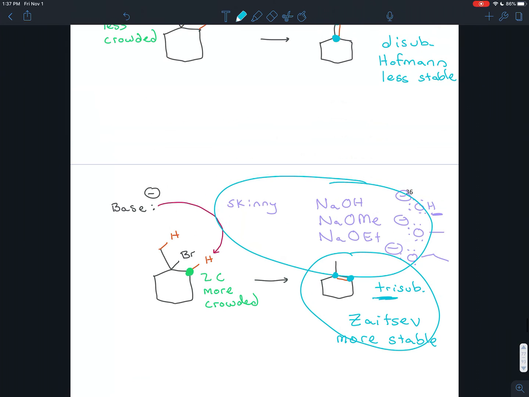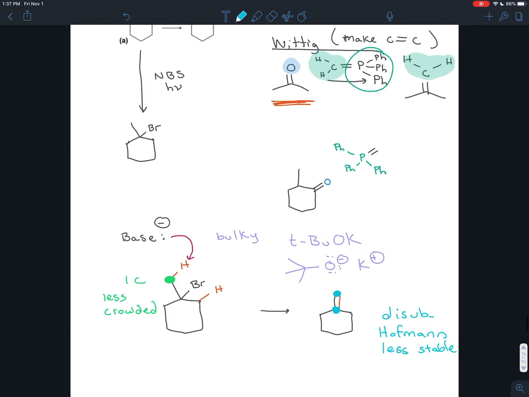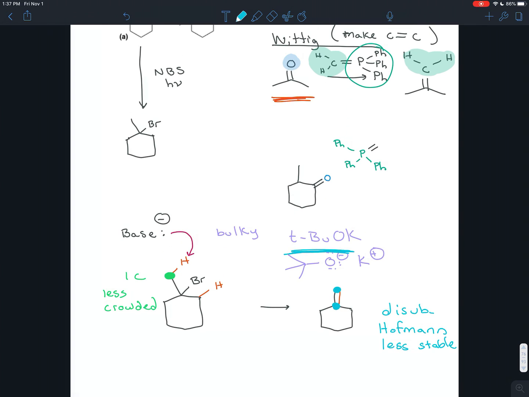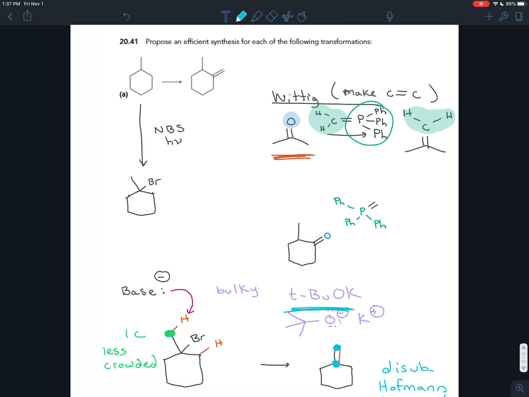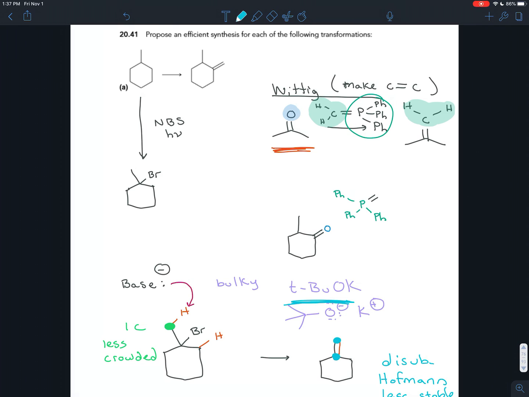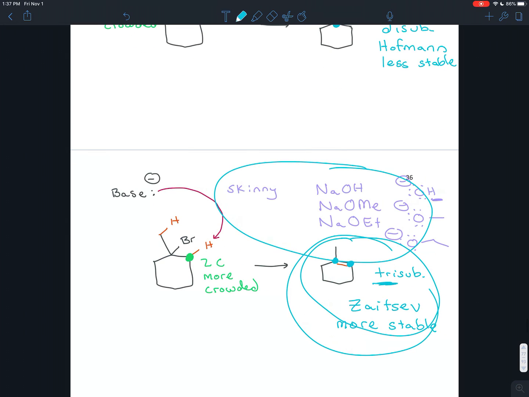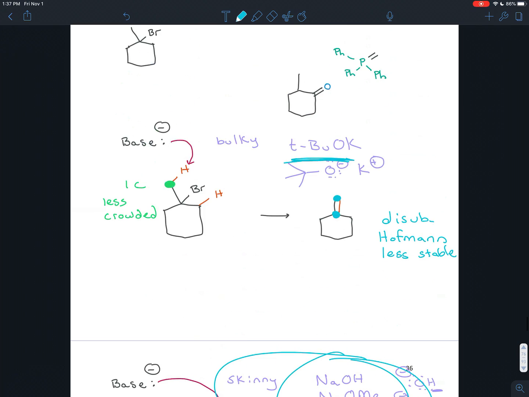Now, any of these skinny bases would work. I'm going to use sodium methoxide because it tends to show up the most on tests. Definitely, though, also know potassium tert butoxide and know the different alkene that it would give you, both in life and for this test. You should know both of those, skinny and bulky bases and the types of double bonds they give you. Well, here we want the Zaitsev product, so we're going to use sodium methoxide.